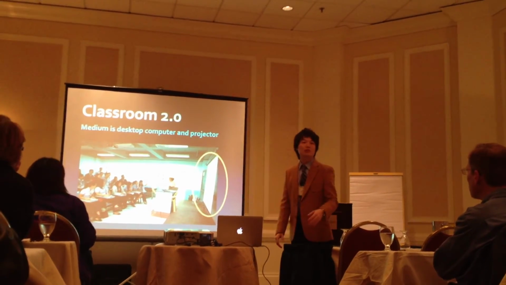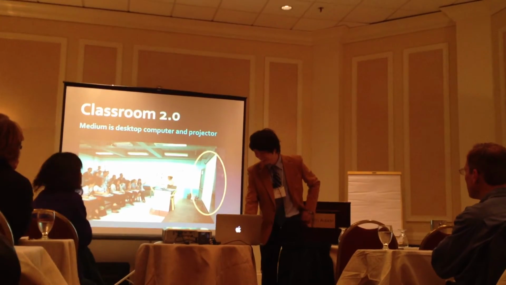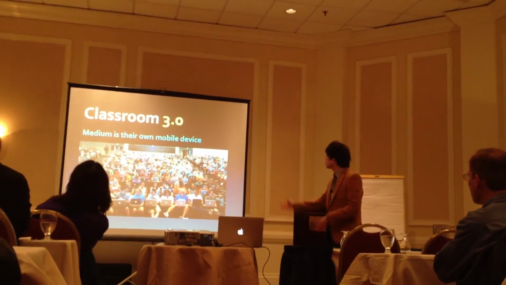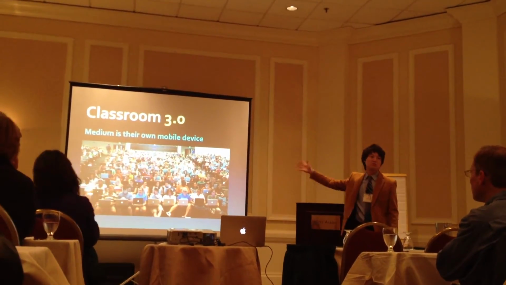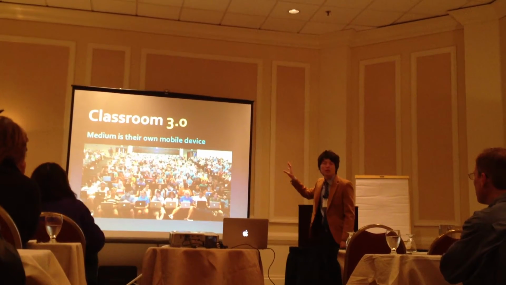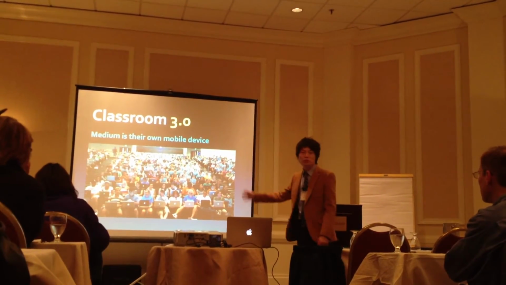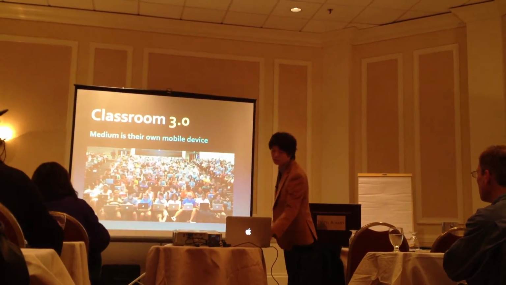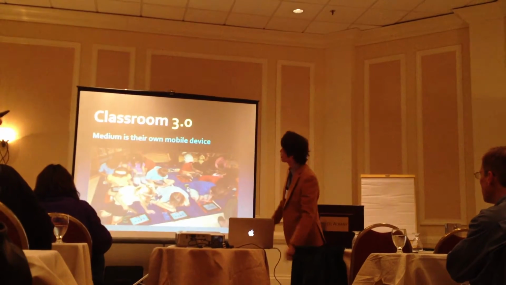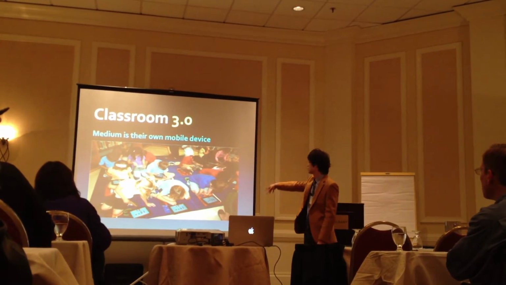So, do you have a question? Okay. Classroom 3.0 looks like this, which means every single student has their own mobile device in the classroom. That is the big difference between the previous environment and Classroom 3.0. This picture can tell us what it is.